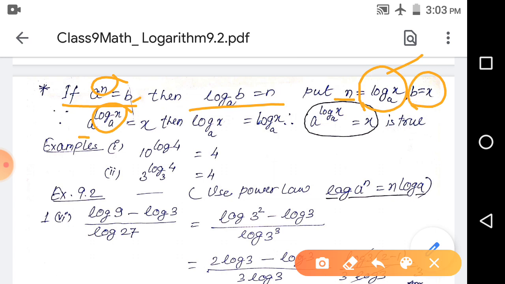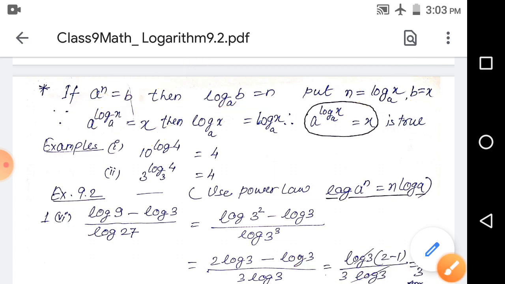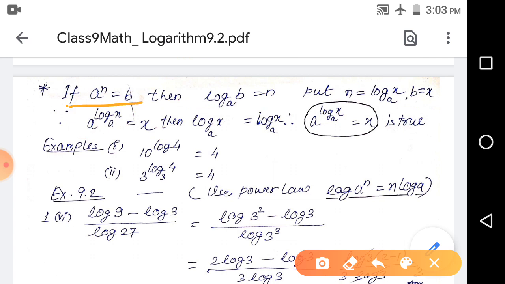Now see this carefully. Here we have the first condition, that is the exponential form. If we substitute these two values, then we have a to the power log base a of x, and it is equal to x.